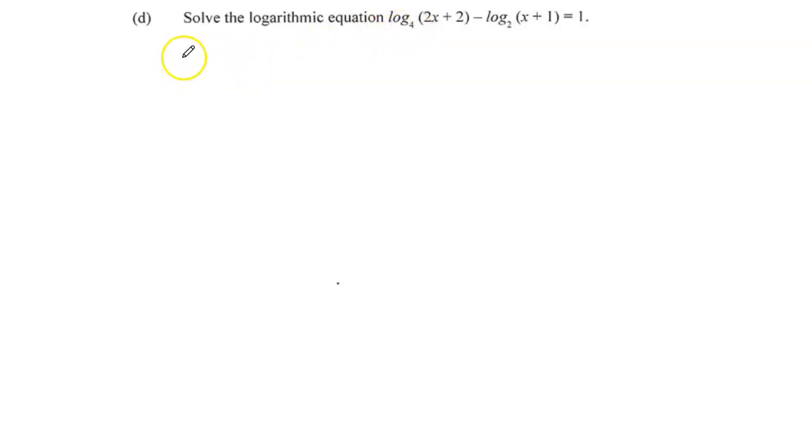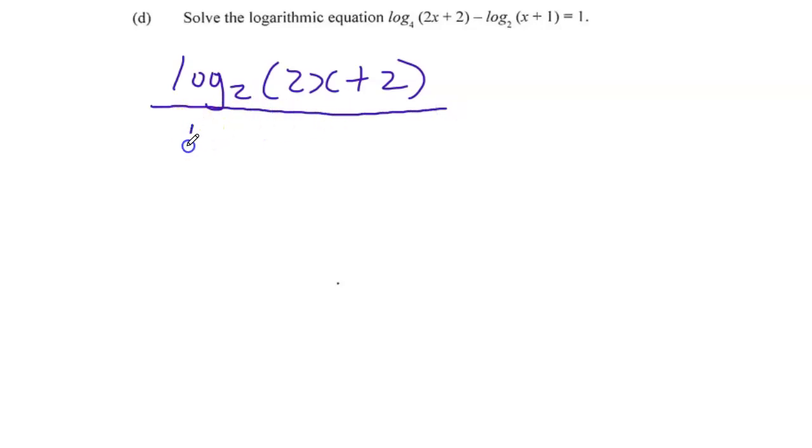So this log, I just change the base 4 to base 2 upon 2x plus 2. But remember, once you change a base, you have to divide by log, again base 2, of the old base, which was 4, minus log base 2 of x plus 1.